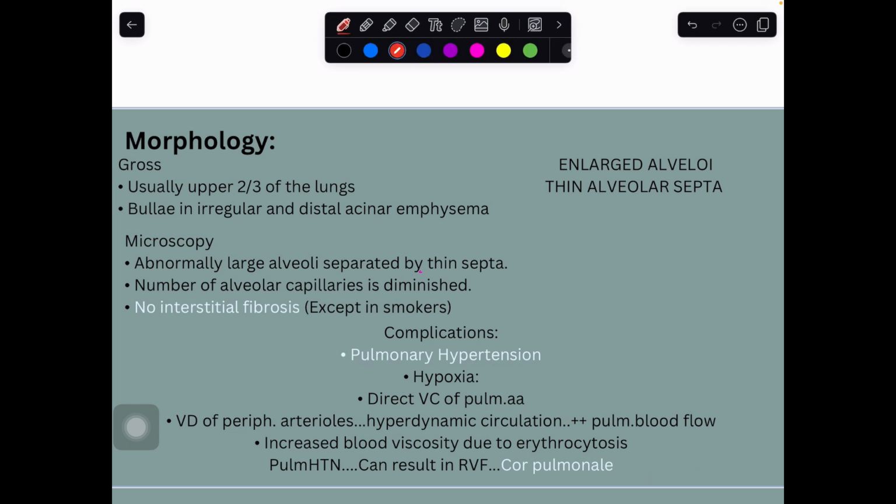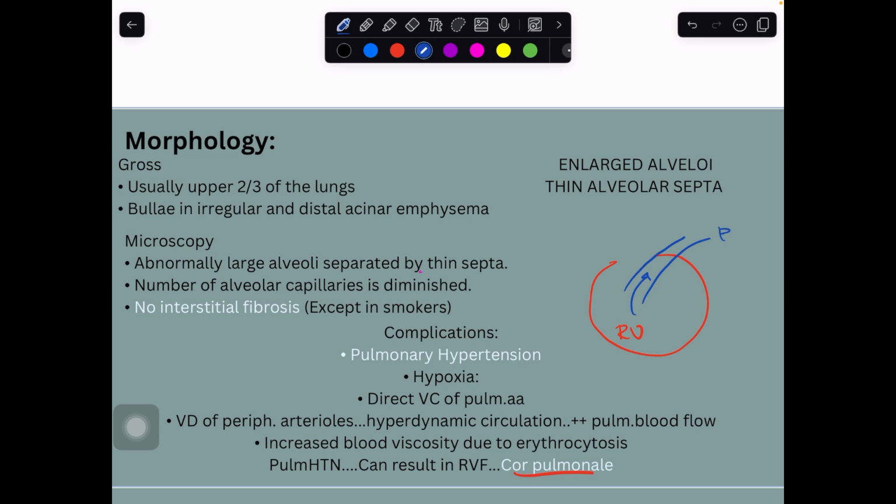There's another complication known as cor pulmonale. Cor pulmonale is just the idea that there is right-sided heart failure that occurs due to this pulmonary hypertension. Why? Generally, it's very easy to understand. This is the heart, just imagine as if it is. The right ventricle is supposed to pump deoxygenated blood to the pulmonary trunk in order to get oxygenated in the lungs, correct?